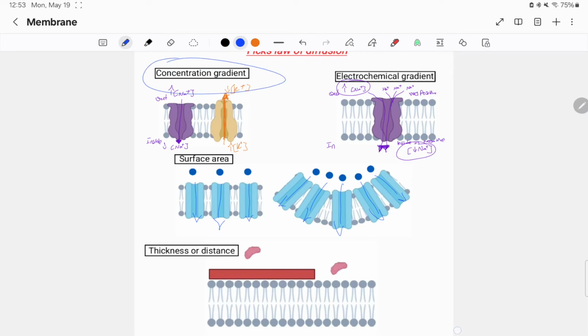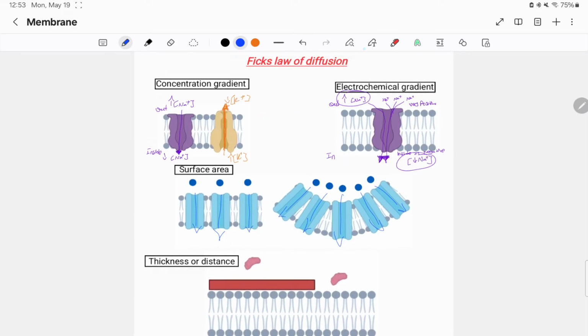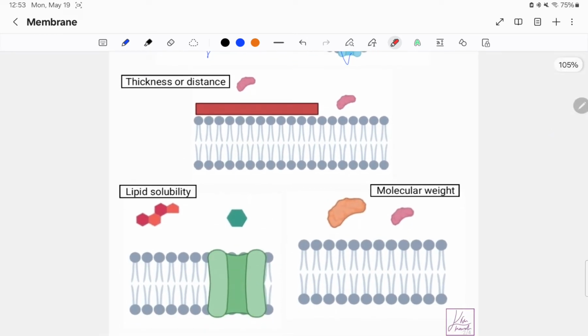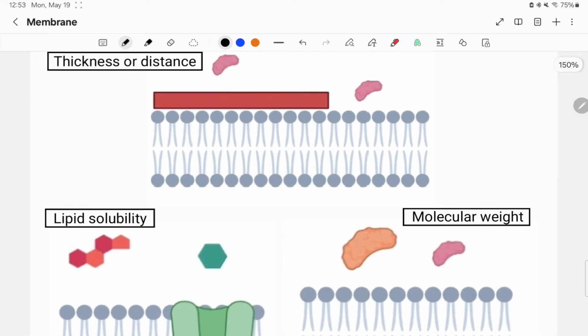Same thing with the concentration gradient. The greater the concentration gradient, the greater the rate of transport. Remember, Fick's laws of diffusion are talking about factors that influence the rate of diffusion. Next thing is thickness or distance, and obviously this should make a lot of sense. Let's say I have 2 molecules, exact same size and everything else constant.